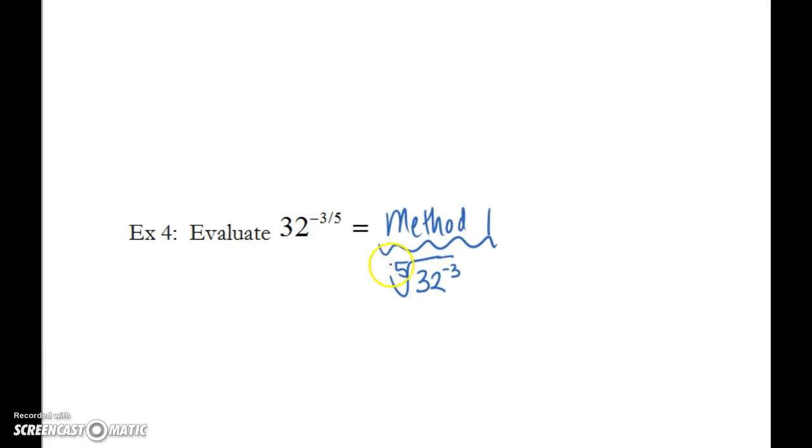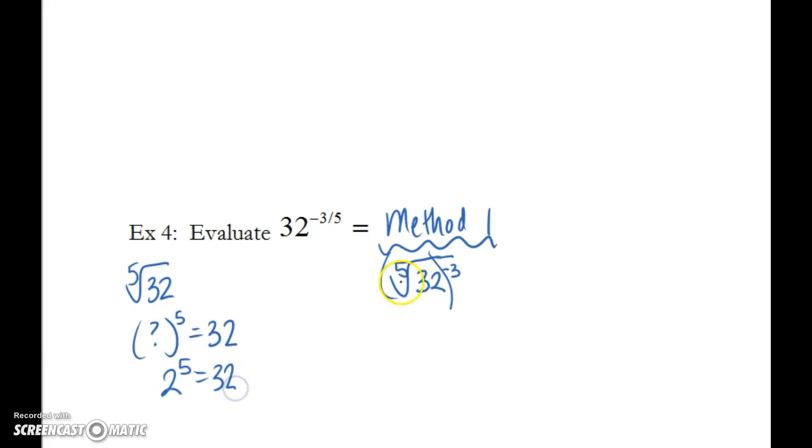Now, it might be easier to do the 5th root of 32 first and then raise it to the -3rd power. To find the 5th root of 32, you're really asking yourself, what to the 5th power is 32? And you should be comfortable enough with some of your bases to recognize that 2 to the 5th power is 32. So the 5th root of 32 is 2.